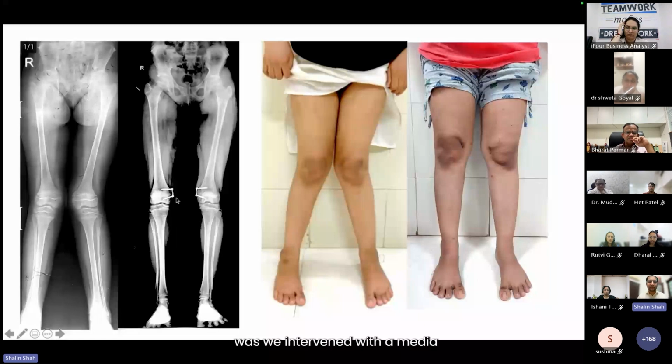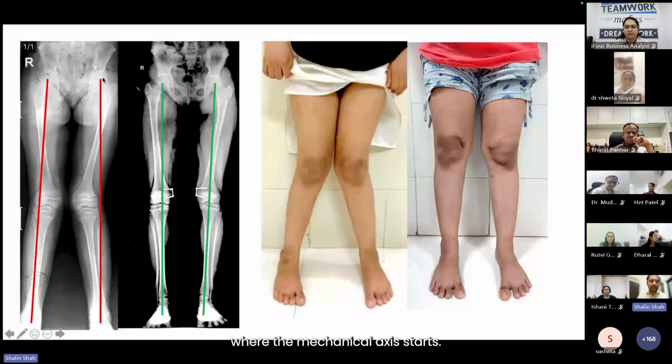And what we did was we intervened with a medial distal femur growth modulation, and we could get a decent correction of the mechanical axis. And you can see where the mechanical axis starts. It starts from all the way outside the knee joint, and with this simple intervention, they can get their mechanical axis corrected, improve their gait, and save their knee joint from a lot of mechanical wear, which can happen if it is left as is.